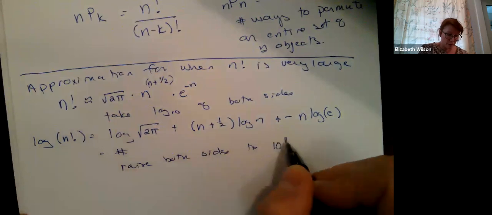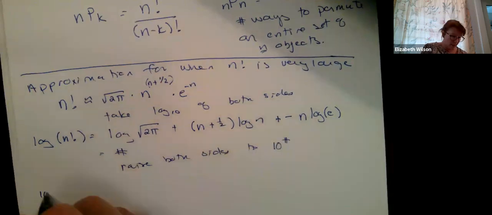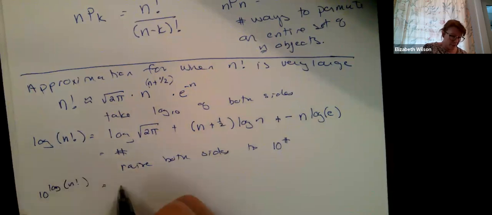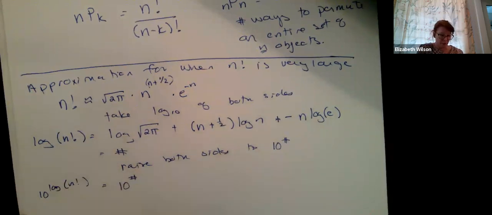I'm going to say 10 to the log of n factorial equals 10 to the number, the number that's equivalent to all of this calculation that we just came up with. Remember, these are the same base, so they neutralize each other. So n factorial is approximately equal to 10 raised to that number.